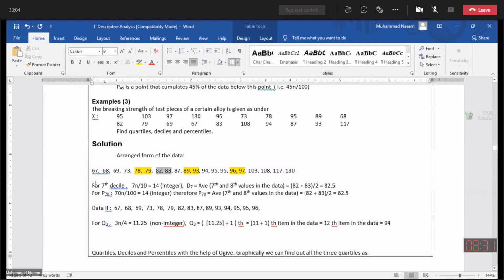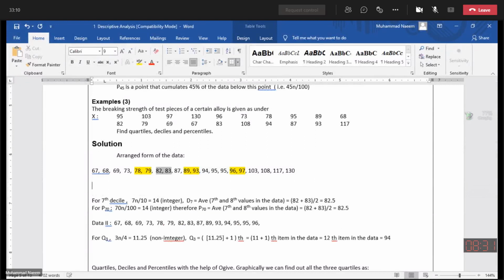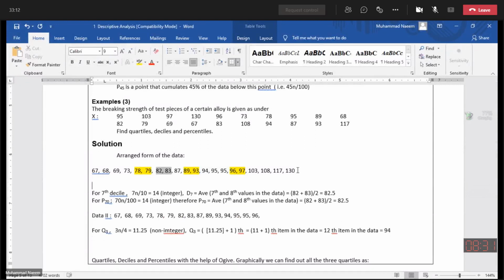Let's say for the third quartile, first of all, we must know the ratio 3n by 4. What is that? n is 20.